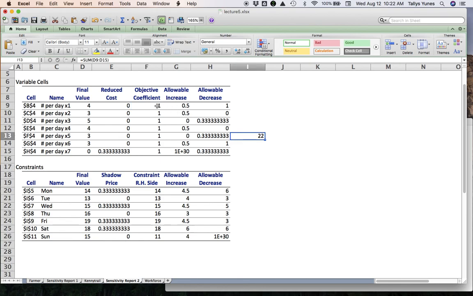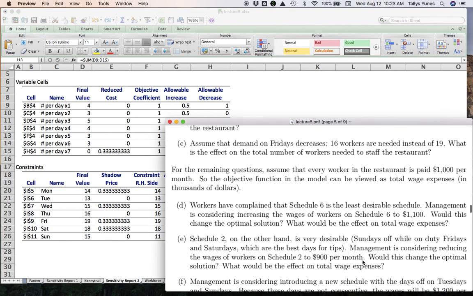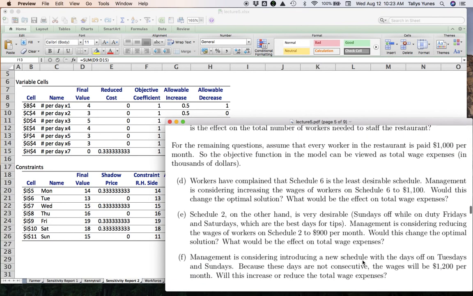Well, it would go down by $100. How many times? There are 4 people who work that job. So I would save $100 4 times, meaning $400. So the new total expense with wages would be $21,600. Okay, great.